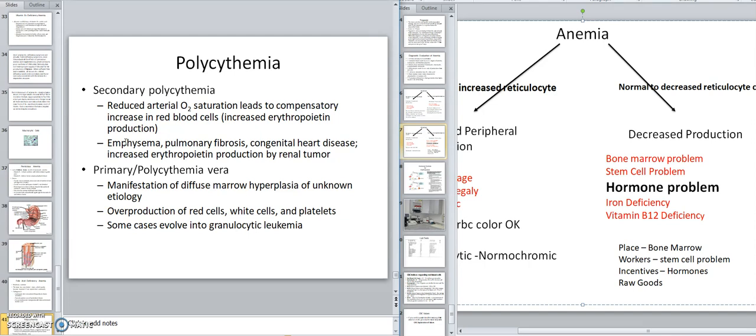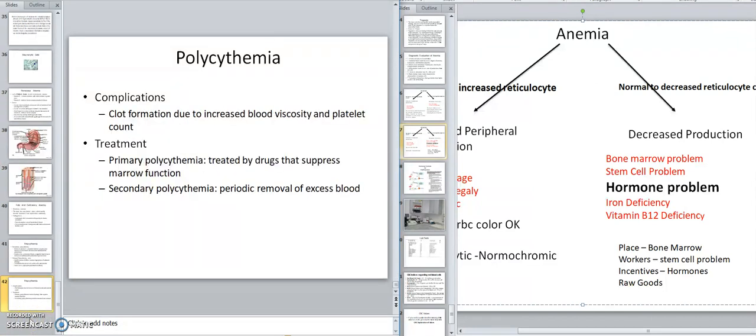As a matter of fact, the barber pole from the barber shop has that red in it, because barbers used to be bloodletters. They used to use leeches years and years ago. You can look that up. The job was to get rid of some of the red blood cells for those that had too many, because of the sludging effect. So that's polycythemia.